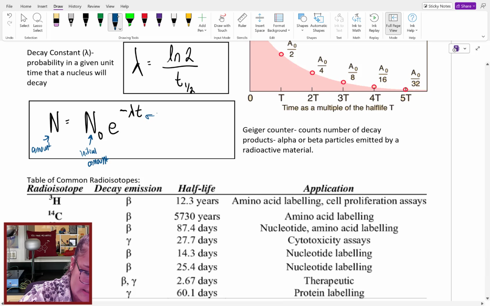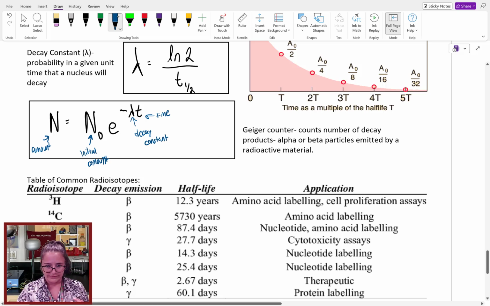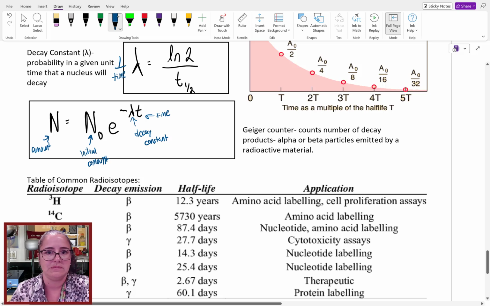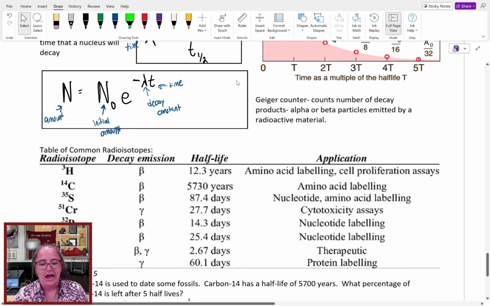T is your time, and lambda is your decay constant. You just have to make sure those have the same units. These units will always be 1 over time units, so inverse seconds, inverse minutes, inverse hours. It just depends on whether your half-life is on a scale of hours, days, or years.